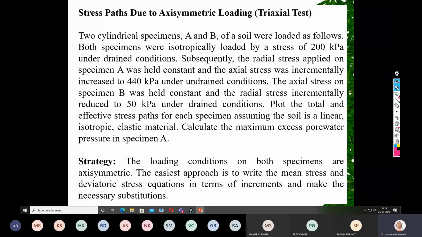The axial stress on specimen B was held constant and the radial stress incrementally reduced to 50 kilopascals.